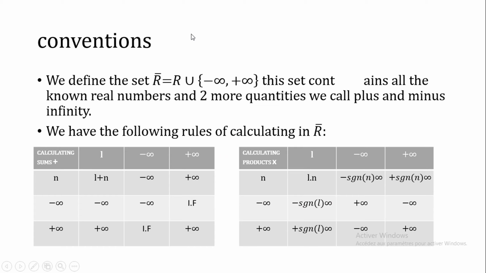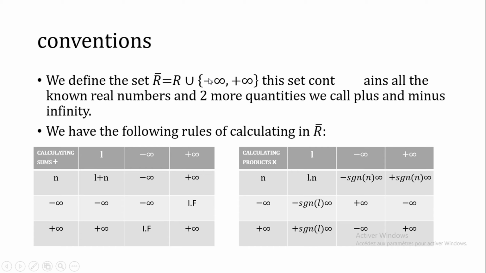First of all, let's talk about some conventions that we're gonna need to introduce limits. So we must define at first the set R bar, which is equal to R union minus infinity and plus infinity. This set contains all the known real numbers and two more quantities we call plus and minus infinity, because in R we don't have plus infinity and minus infinity.